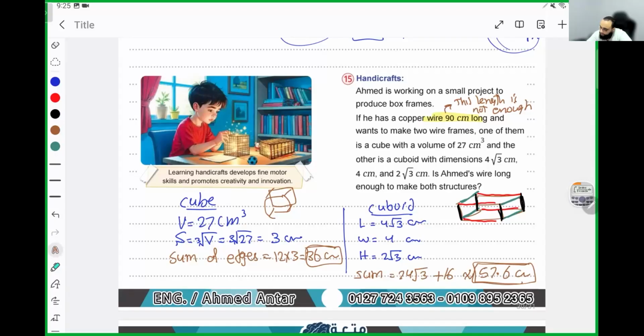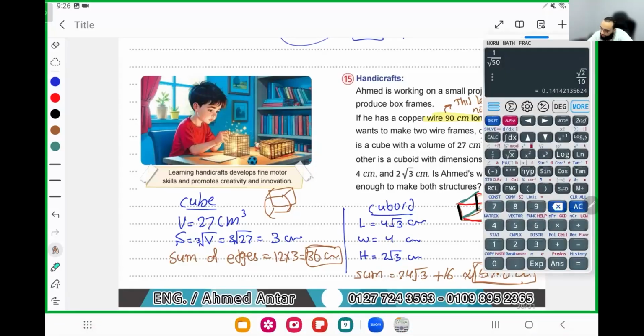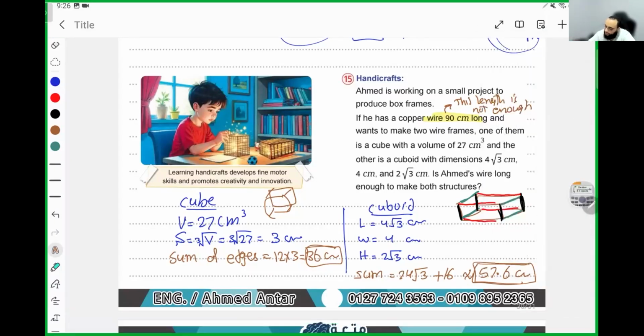Then you multiply each one by 4. It's 4 times 4 root 3 plus 4 times 4 plus 4 times 2 root 3, which is approximately 57.6.